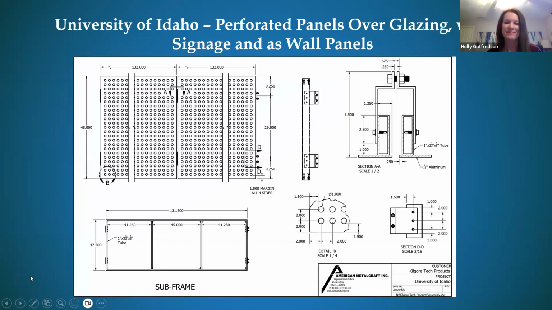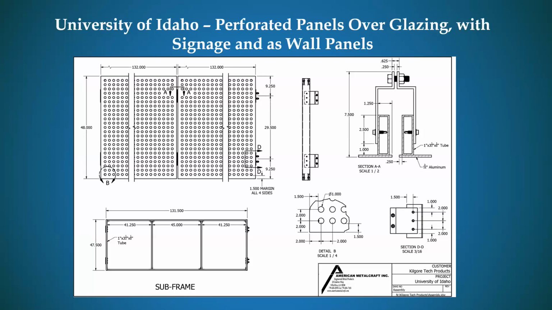On the upper right, you'll see the perforated panel, and we needed to make sure that the panel was strong enough to withstand the wind loads and stay flat. So we developed a support system around the perimeter of the panel to support it, and then it attached back into an angle that attached back to a knife edge that came off the curtain wall.